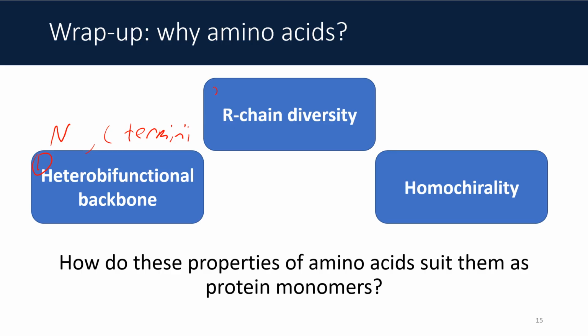Second, their diversity of sidechains, R groups. And third, the fact that they are homochiral. They are 100% in the L configuration. So my last question is why? How do these properties of amino acids make them so well suited as protein monomers?